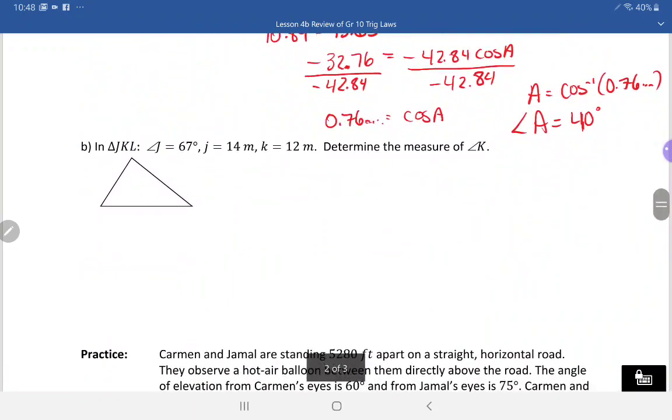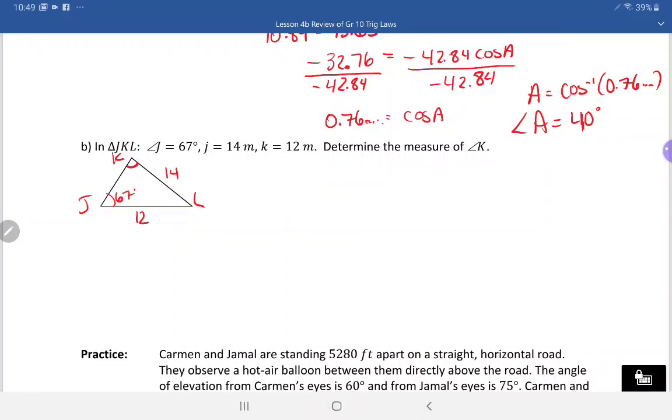All right, for the next one, we'll go J, K, and L here, here, and here. J is 67 degrees. Lowercase j is 14. Lowercase k is 12. And our goal is to solve for angle K. So once again, we have a pair.